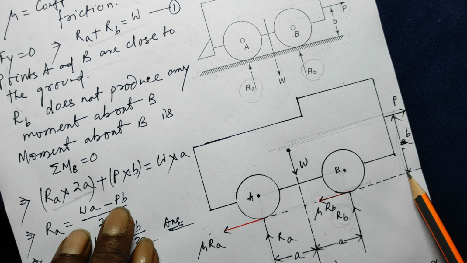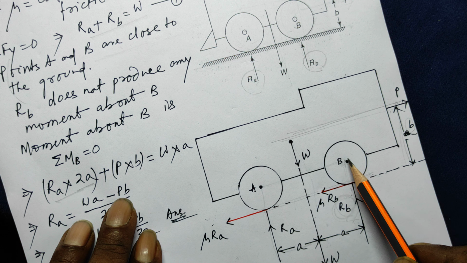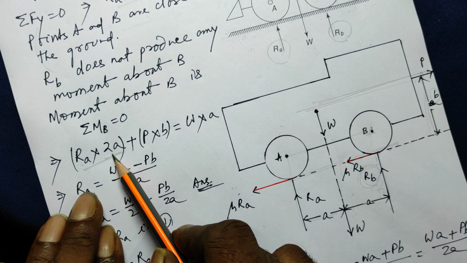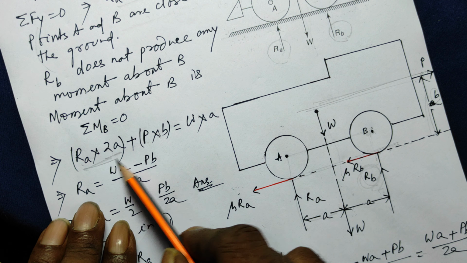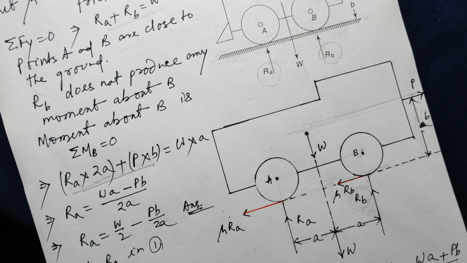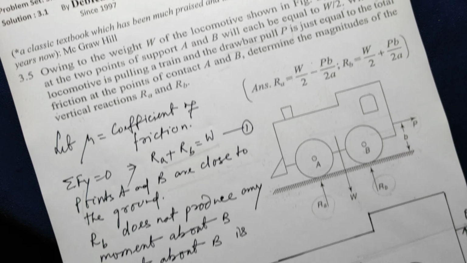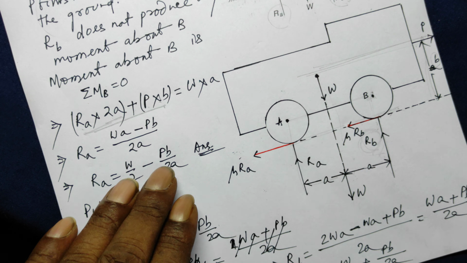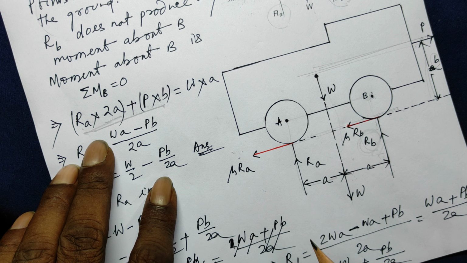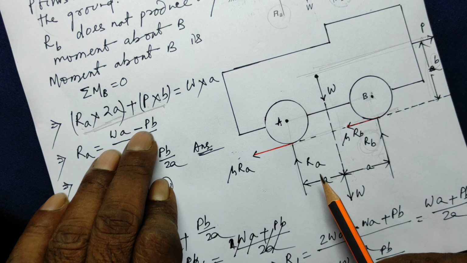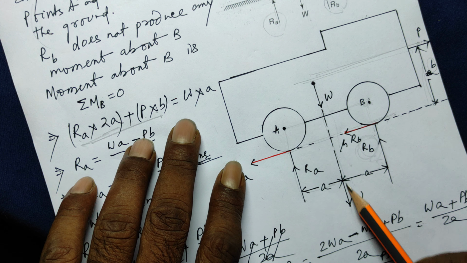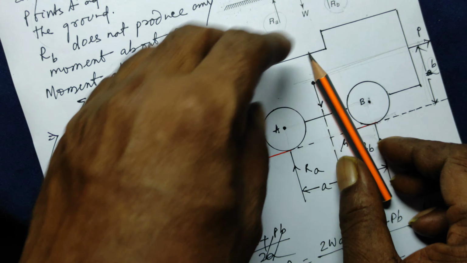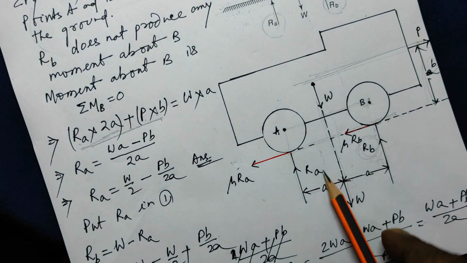So P times b will also produce a turning effect about point B, that is also clockwise. So RA times 2a plus P times b, both are clockwise moments, and that is to be balanced by an anti-clockwise moment. And which one is producing that anti-clockwise moment? Look, W times this distance. W times a will be an anti-clockwise moment.